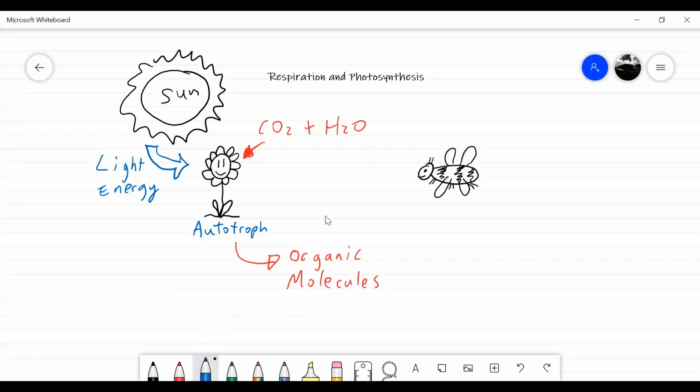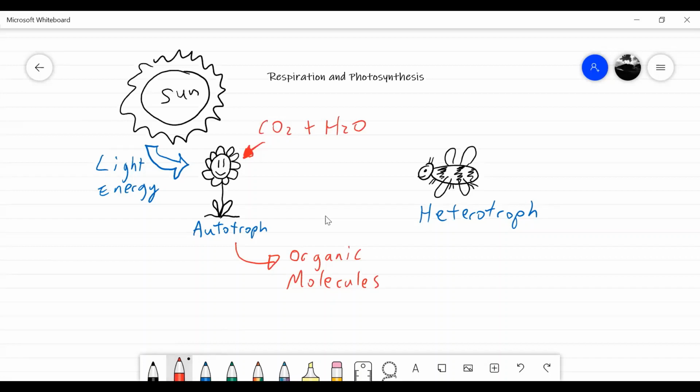And this little guy over here is my heterotroph. And I feel like I'm missing something here. Oh, yes, I know what I'm missing.